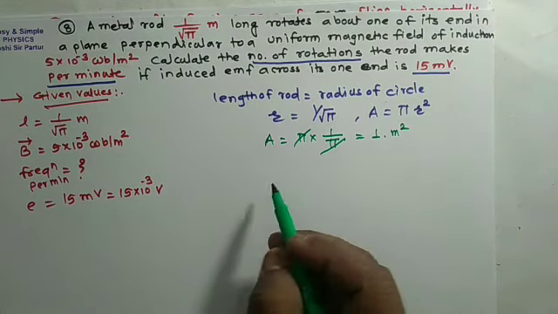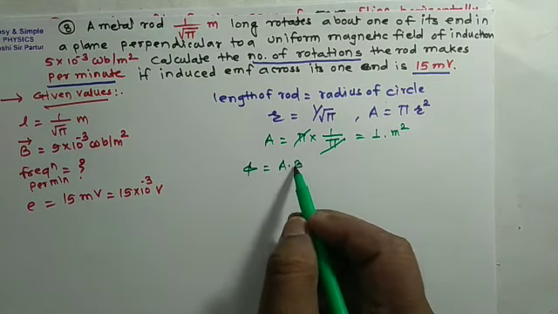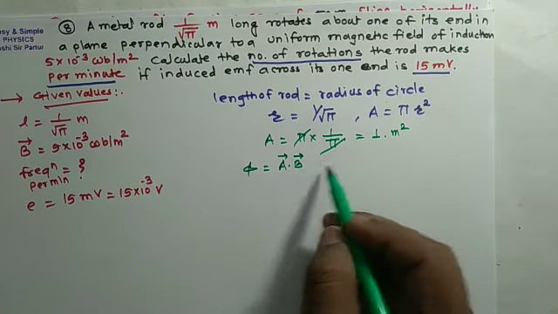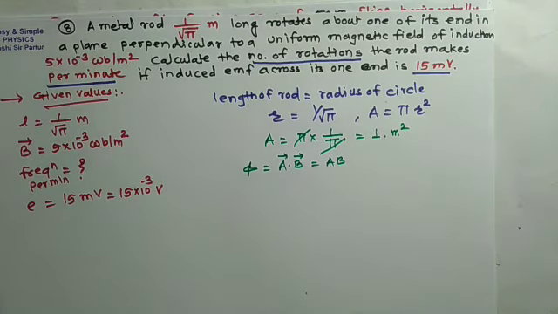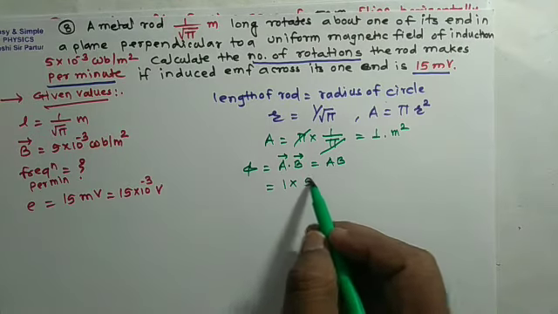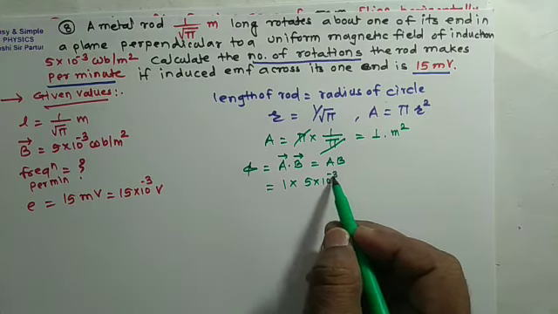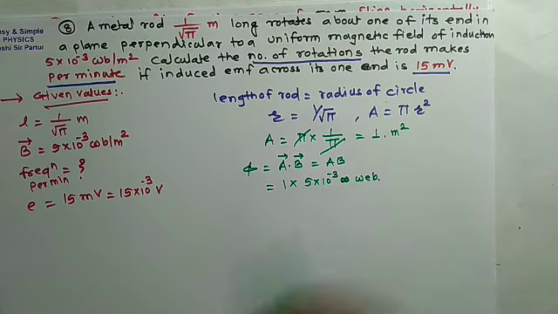Okay. Here we know that magnetic flux phi is area into magnetic field induction, that is A into B. So the area is 1 into 5 into 10 to the power minus 3 Weber.